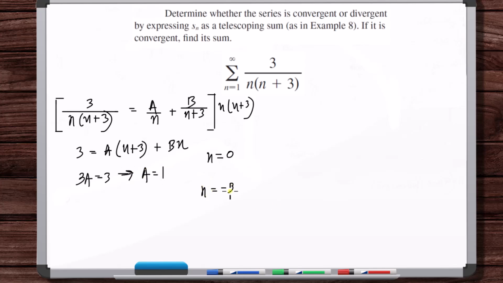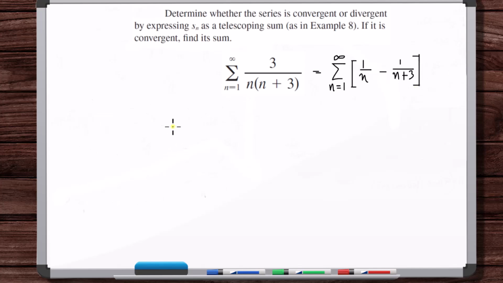When n is equal to minus 3, you've got minus 3B is equal to 3, B is equal to minus 1. So this sum is equal to 1 over n minus, okay. So now let's write out the S of n.